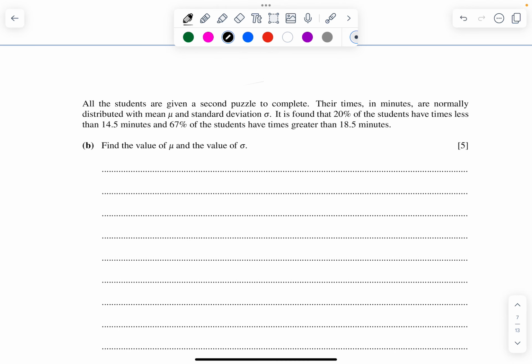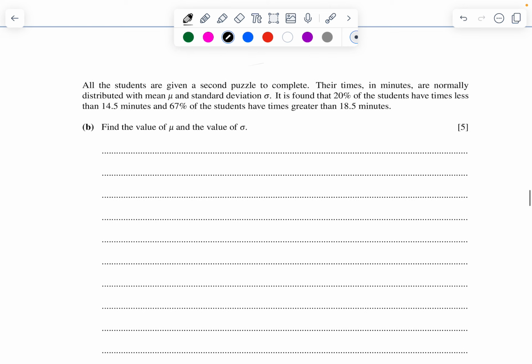Next, all the students are given a second puzzle to complete. Their times in minutes are normally distributed with mean mu and standard deviation sigma. It is found that 20% of the students have times less than 14.5 minutes. So probability of x less than 14.5 equals 20%.